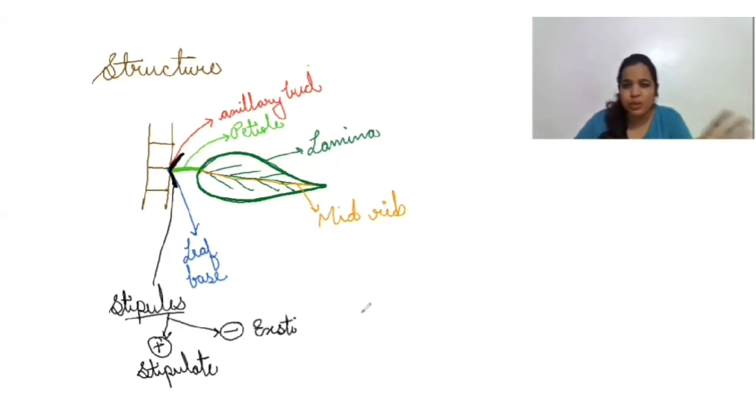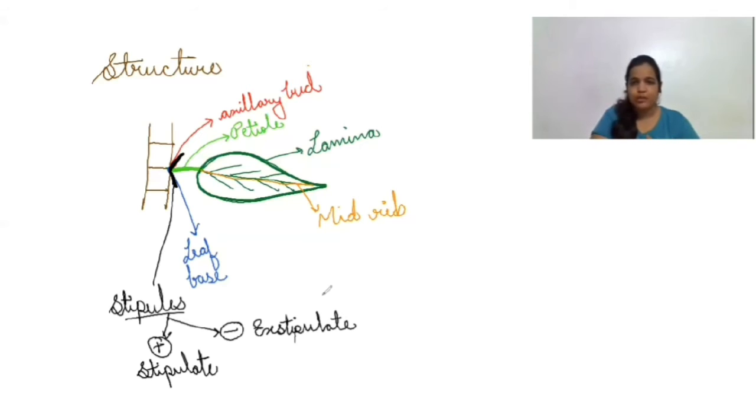Ex means the past one, which is now absent, right? So that's how you can remember this term. That's all you need to remember for the stipulate and exstipulate terms.